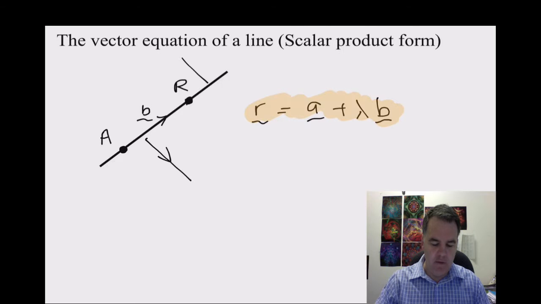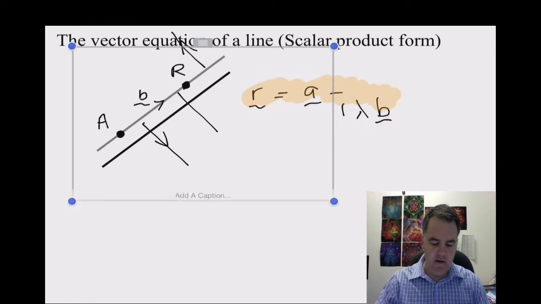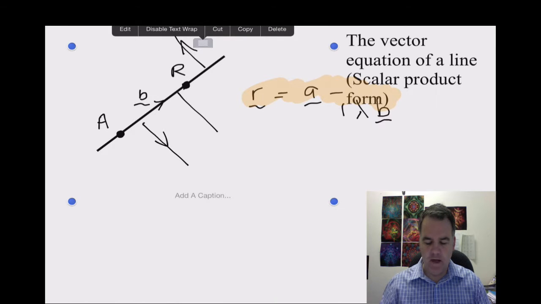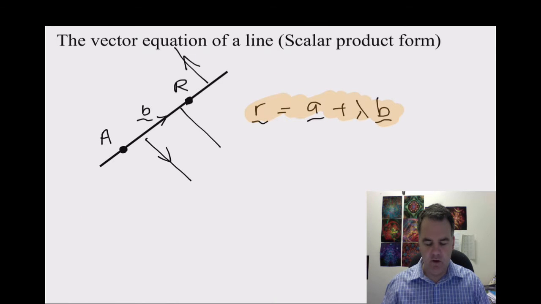So I could talk about this vector, I could talk about this vector, but any vector that is normal to the line will just be a multiple of that. So we might have this vector, we might have another vector that's twice as long. But in any case, the dot product between any of those three vectors that are perpendicular to the line and the direction of the line is 0. So that's another way that we can write the equation of a line.